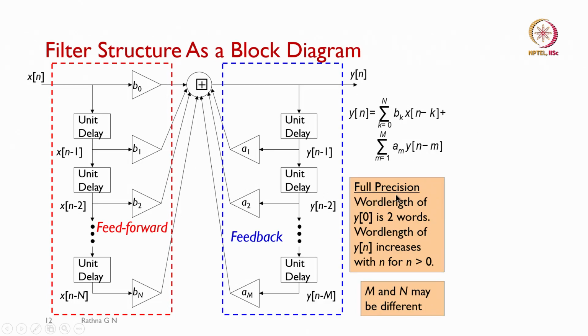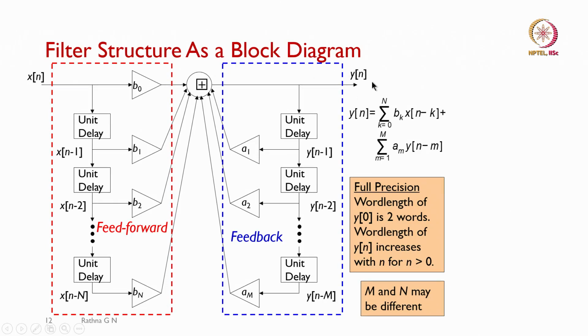See, we call it when we want the full precision. So, what we need is the word length of y of 0 is going to be 2 words. As we have seen, multiplication and then addition, it will be going up to 2 words. So, what happens to the word length of y of n if we start putting y with 2 words?